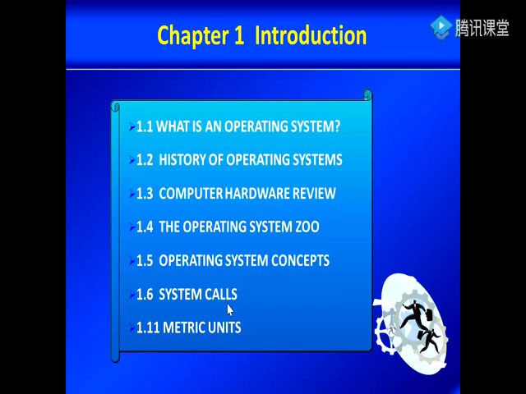So basically, the operating system is a special software. The operating system is the only software that has full access to all the instructions, and all the application programs can only run in user mode.